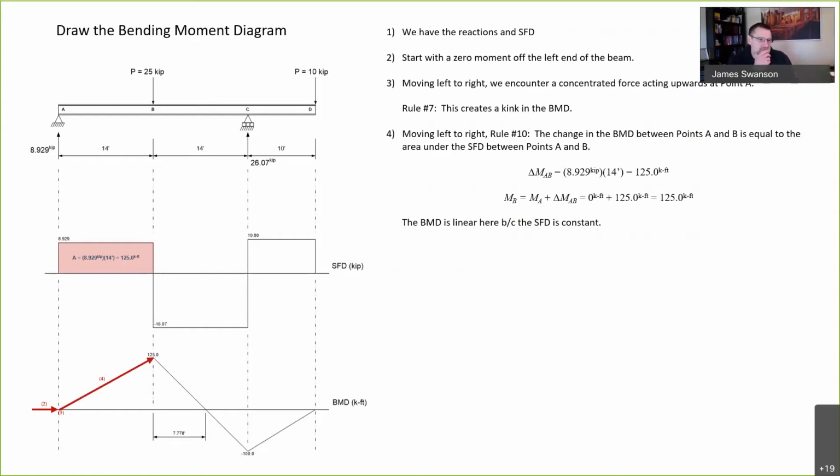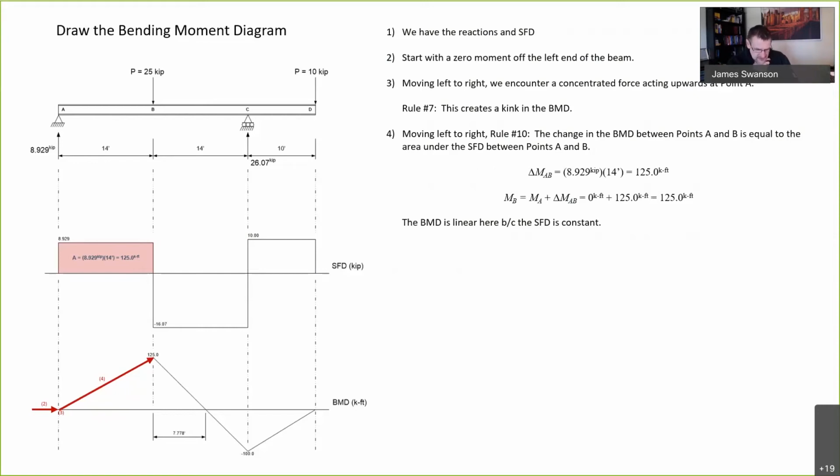All right. Now, the bending moment diagram in this region is linear. In order to get from shear to bending moment, we integrate, right? If we go back to our cheat sheet, we would see that dM/dx is equal to V. So the slope of the bending moment diagram is equal to the magnitude of shear.